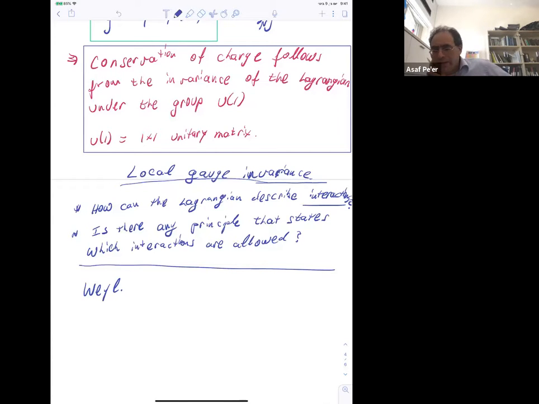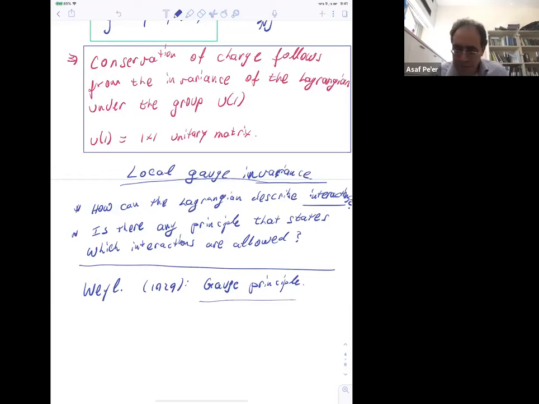Around 1929, he suggested the idea of the gauge principle, the principle of invariance under gauge transformation.